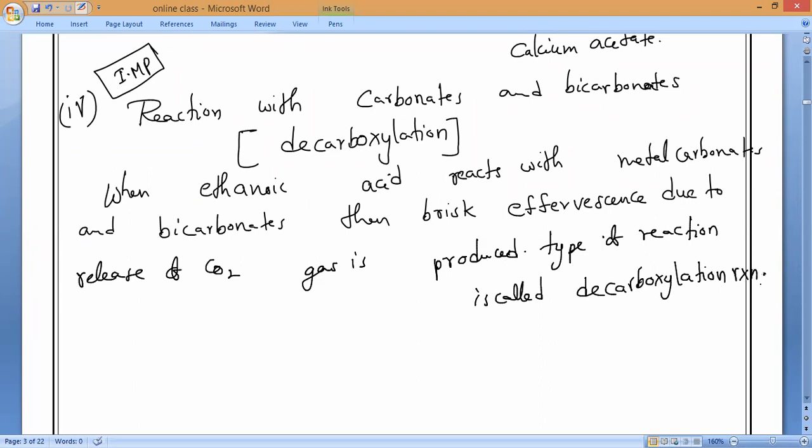Now, can you tell me how I can identify carbon dioxide being released? If I pass the gas into lime water, it will turn milky. What is the formula of lime water? Ca(OH)2, calcium hydroxide. That is what everybody should remember.